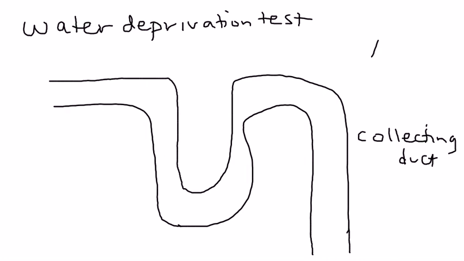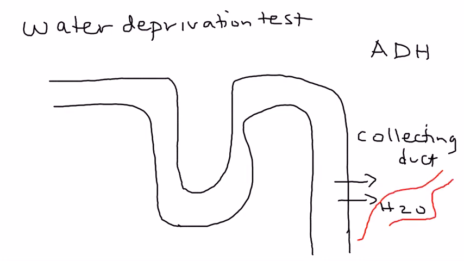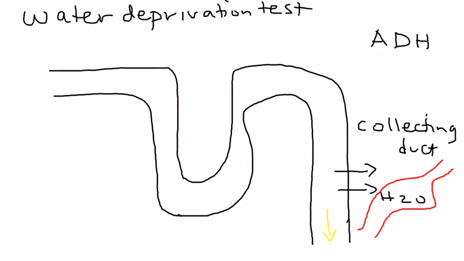In a normal person, when you have ADH acting upon this collecting duct, water is coming back into the bloodstream. Let's draw a little blood vessel here, and urine comes out here. Let's give some numbers to make this come to life.